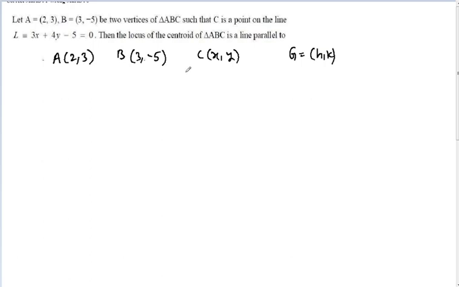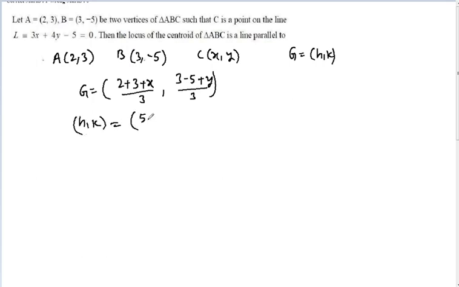Now find the centroid of triangle ABC: G is equal to (2 plus 3 plus x by 3, 3 minus 5 plus y by 3). So therefore (h, k) is equal to (2 plus 3, that is 5, plus x by 3, 3 minus 5, that is minus 2, plus y by 3).